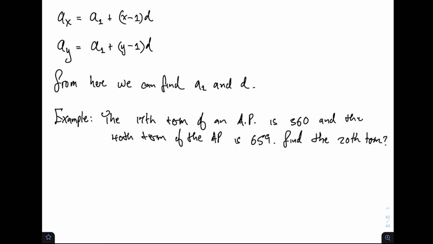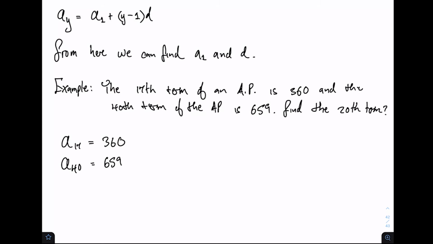Let's write down the information in sequence form. Here we have a sub 17 equals 360 and a sub 40 equals 659. From here we can write down the equations as follows. 360 is equal to a sub 1 plus 16 times d, which is the common difference. How did I get 16 here?